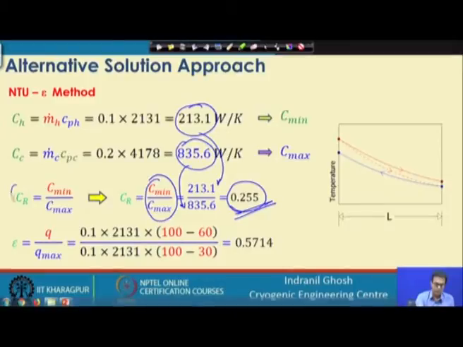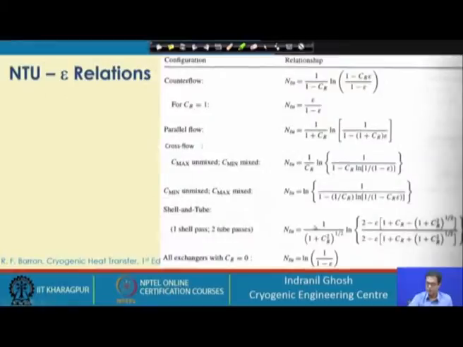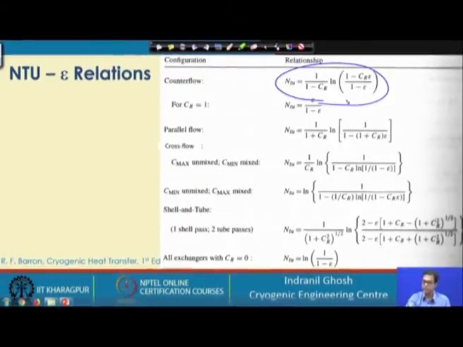So, now we know CR and we know epsilon. Now we have to look for a suitable relation that will tell us the NTU. This is a counter flow heat exchanger, and for it we have a relation like this: NTU equals 1 by 1 minus CR times ln of this part.